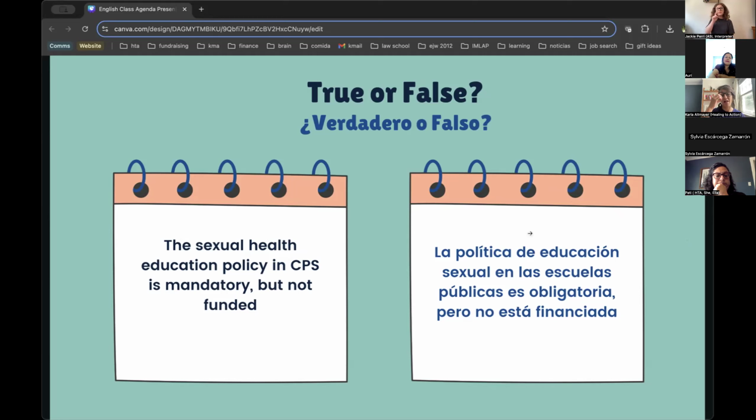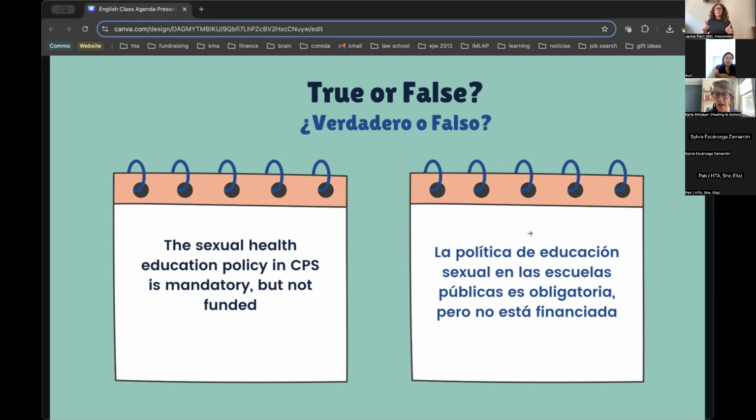Sexual health education policy is rooted in the state policy. The state of Illinois has passed a policy to implement sexual health education, but it's not funded at the state level. So that doesn't really give an incentive for local municipalities or counties to fund it as well. And in the Chicago Public School policy, it is a mandatory policy that is not funded, which creates a big contradiction because it's not implemented.